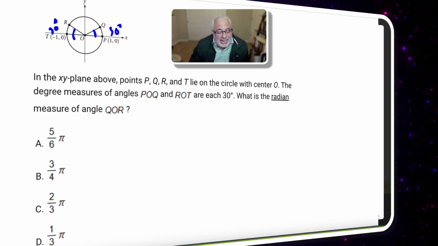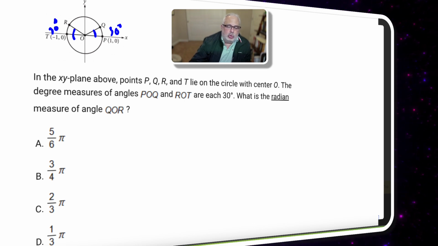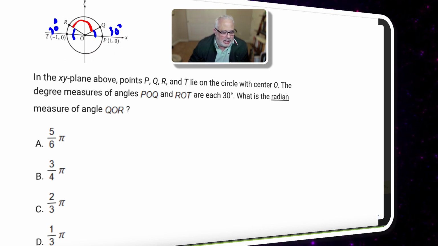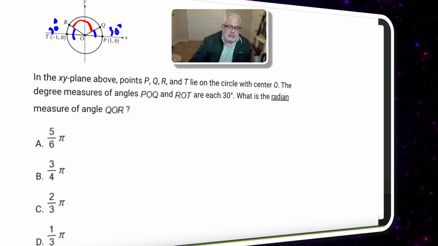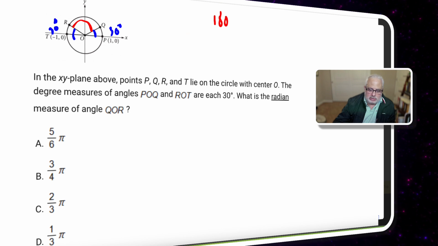What is the radian measure of the angle QOR? Let me use a different color. So they're asking for the measurement of that angle, but in radians. It's easy if the angle is in degrees because you know that the semicircle is 180. So we have 180 here, degrees, which is half of the circle.